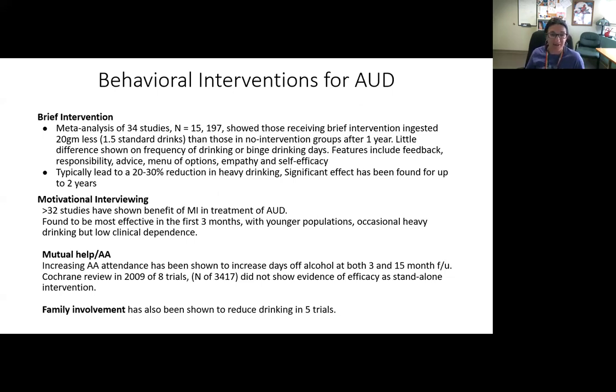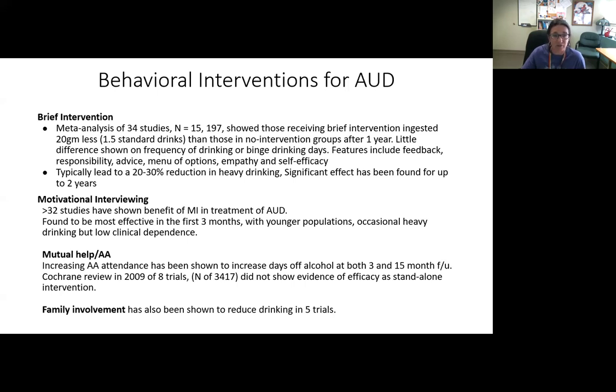And Dr. Plum does a much better job than I at explaining these, but just to talk about them briefly, the brief intervention has good evidence for drinking less, so 1.5 standard drinks less after 1 year than those who did not receive this.